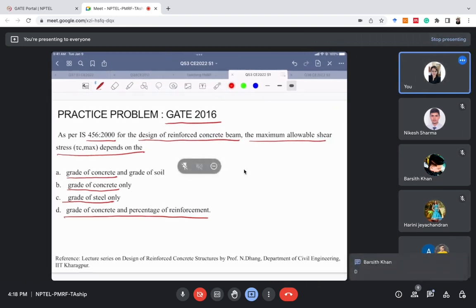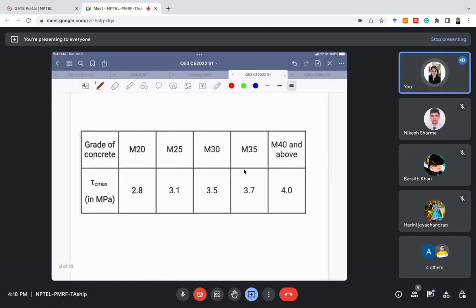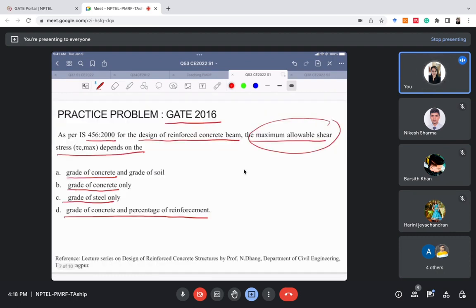Let's check your answer then. It was asked what the maximum allowable shear stress depends on. The answer is in Table 20 of the IS code. We can see the grade of concrete and tau c max. So the answer is B. Whoever gave the answer B is right.